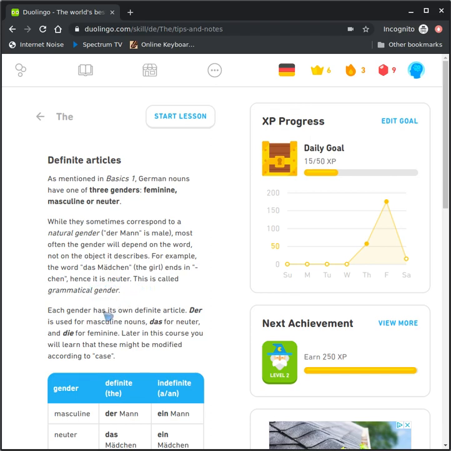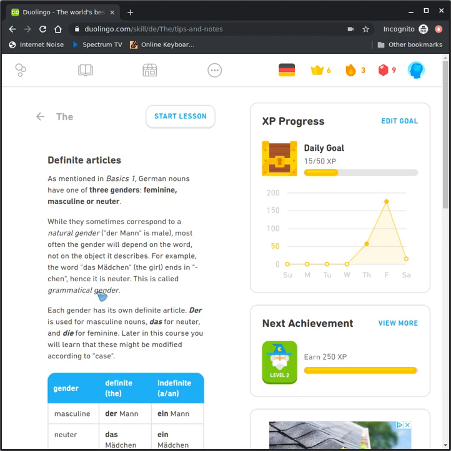They don't explain it here, but there's a complicated explanation. When you add chen to something, it's what they call a diminutive. Makes like a little, my little something or other. So if you say das Mädchen, it means like a maiden, a little maiden. That's the English counterpart.